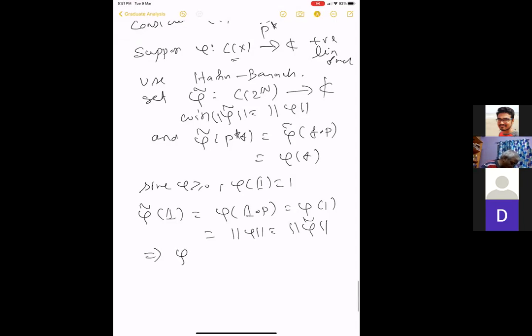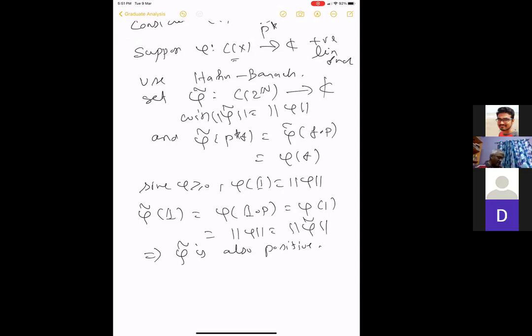So this implies phi tilde is also positive. We have used the lemma both ways. Phi is positive, so phi of 1 is the norm of phi. You can take it to be 1 if you want, that doesn't matter.